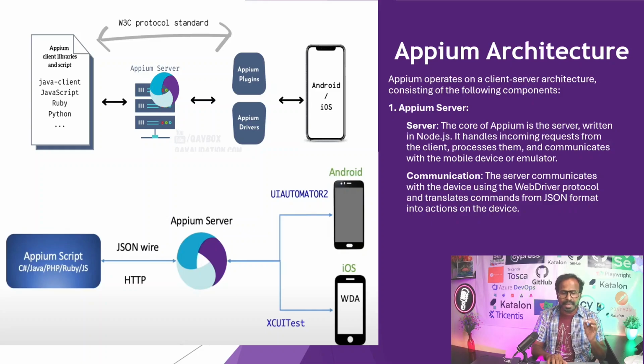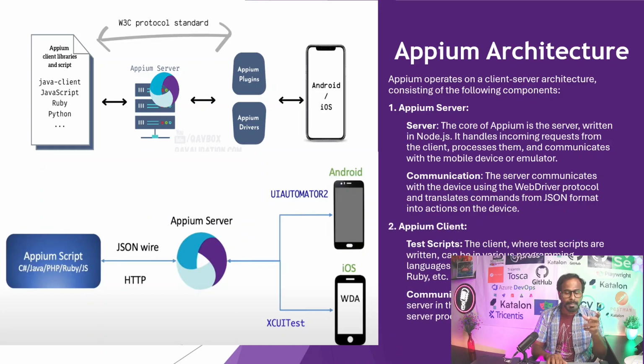It handles incoming requests from the client, processes them, and communicates with mobile device or emulator. What is the communication? The server communicates with the devices using the WebDriver protocol and translates commands from JSON formats into actions on the mobile devices.